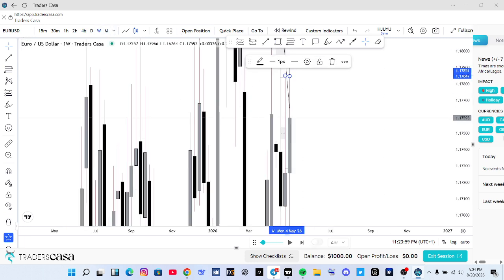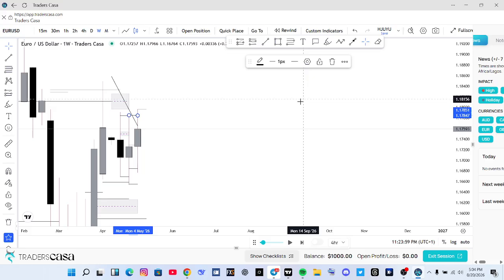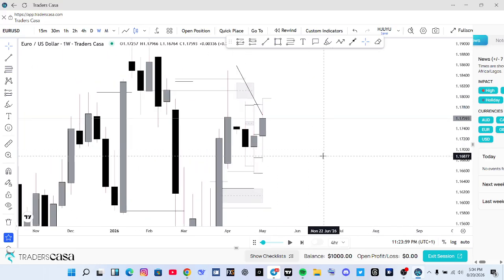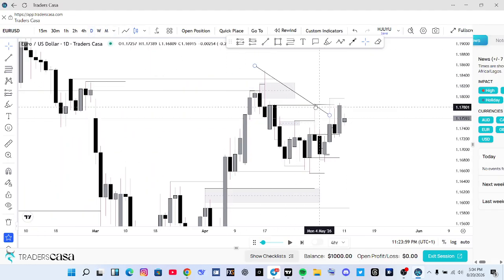We are already in a new week. Let's go to the weekly. Okay, so this new week, or last week rather, I've taken out the high of this last 2 weeks. So I think price is buying now. Price is buying to take out this trend line liquidity that is forming here. See the trend line? Price is buying probably to take it out.